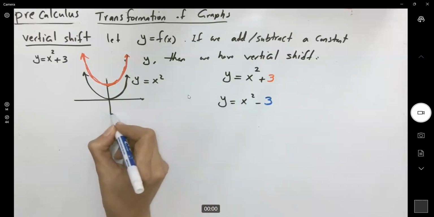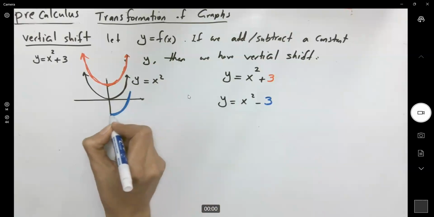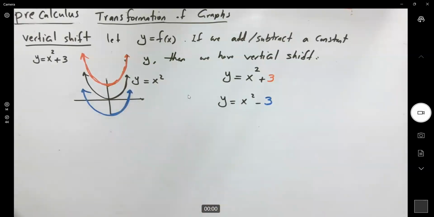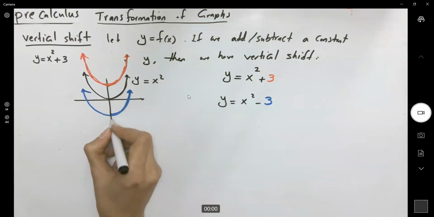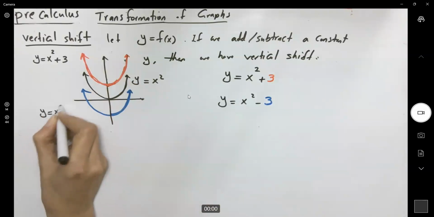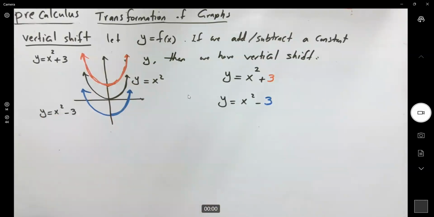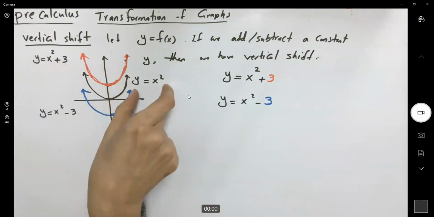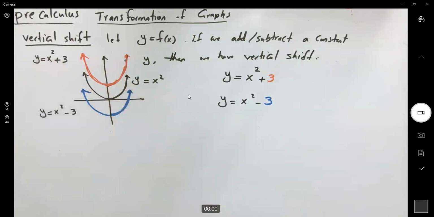So here you have your parent function, the same function, just shifted downward. So here you have y equals x squared minus 3. This is called a vertical shift for the graph.